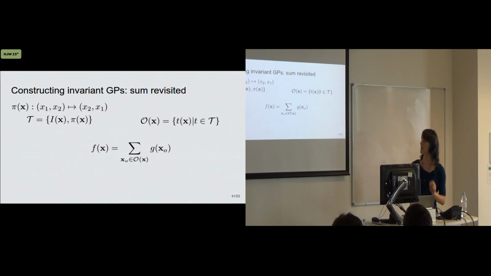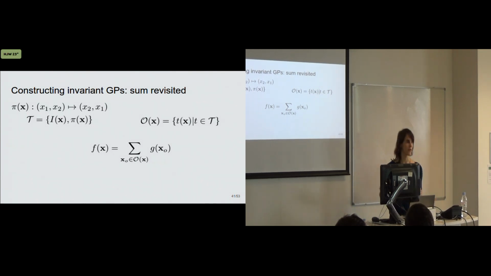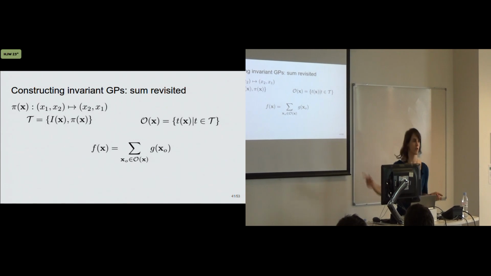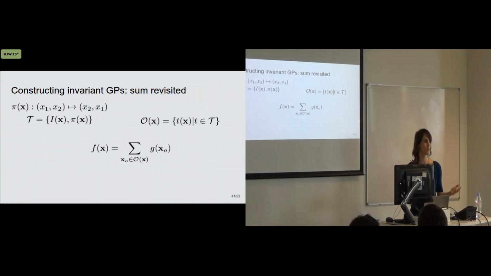Because the function value at x is a sum over all points in the orbit of x. All points at which the function value should be the same as at x will have the same orbit, because it's a closed set of all points that you can reach by applying transformations. So they will have the same sum, because the orbit of x is the same as the orbit of t of x, and therefore the function value is going to be the same.